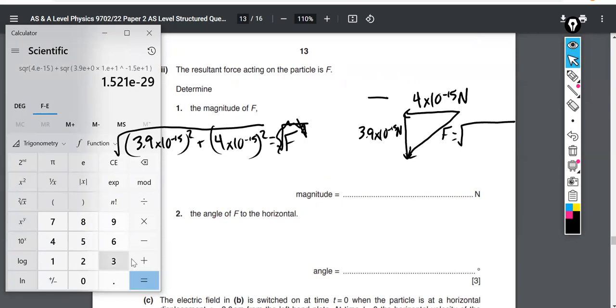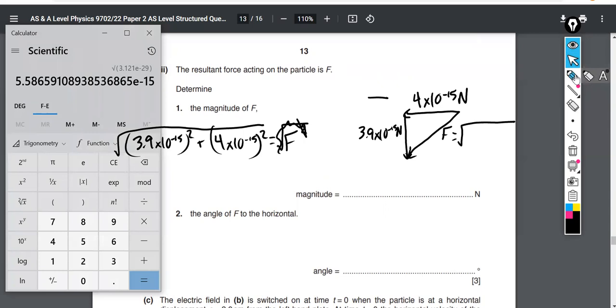I want that quantity squared, and I want the square root of that. We get 5.59 or 5.6 by 10 to the negative 15, which is a reasonable value based on the legs of this right triangle.